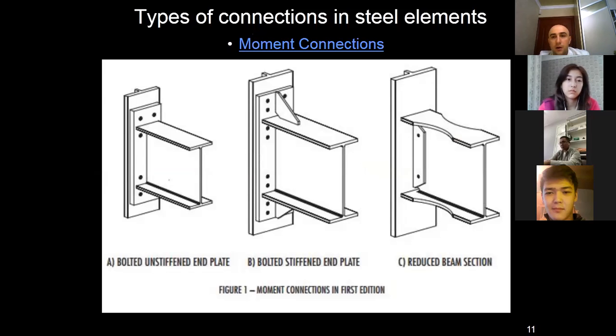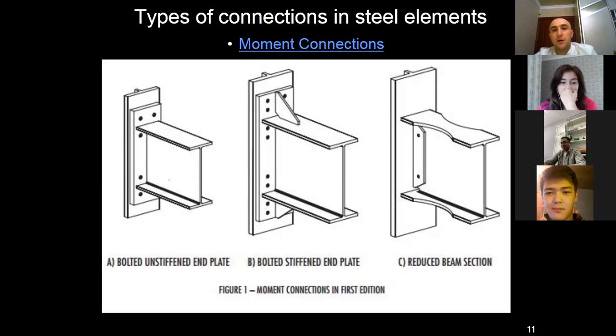So on the screen you see the moment connection. It is a structural engineering joint that allows transfer of bending moment forces between the vertical column and the horizontal beam, or sometimes other two members, maybe beam to beam, and column to column, for example.